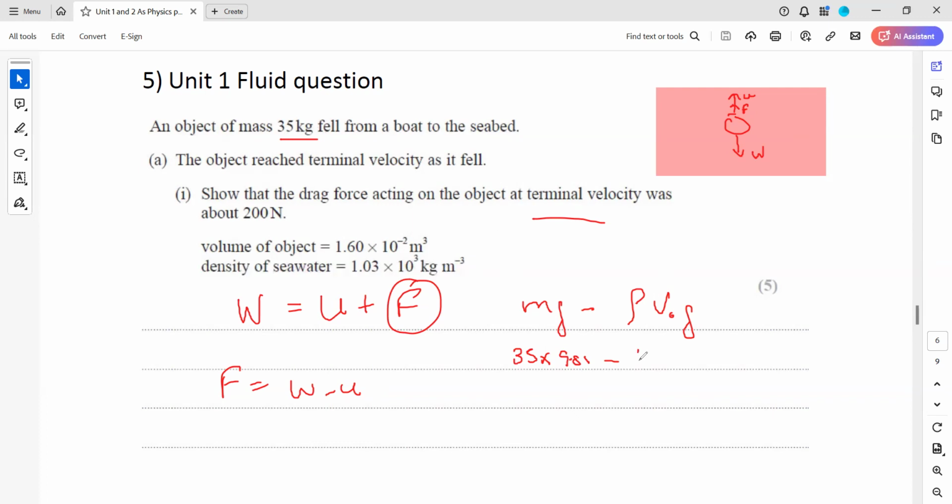The density of the seawater is 1030, or 1.03 into 10 power 3 kg per meter cube, multiplied by volume of object, which is already given, 1.6 into 10 power minus 2, multiplied by gravity 9.81. So this will give us the drag force on this object. So it will be around 181.